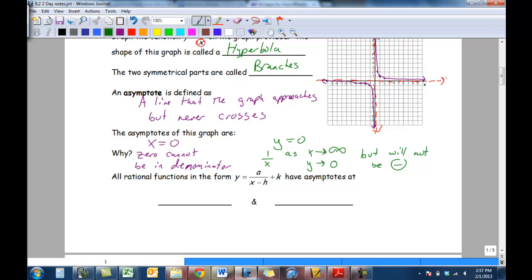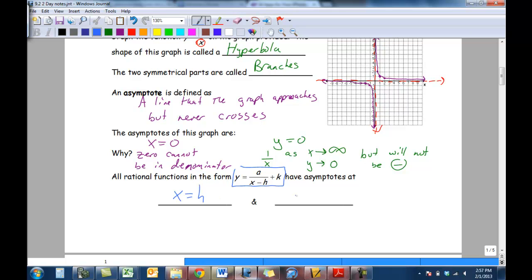Okay, so that brings us to this formula right here for all rational functions in the form y is equal to a divided by x minus h plus k. This is going to have asymptotes at x equals h, because that's what makes the denominator 0. If x is h here, h minus h is 0, so that's why it can't be h.